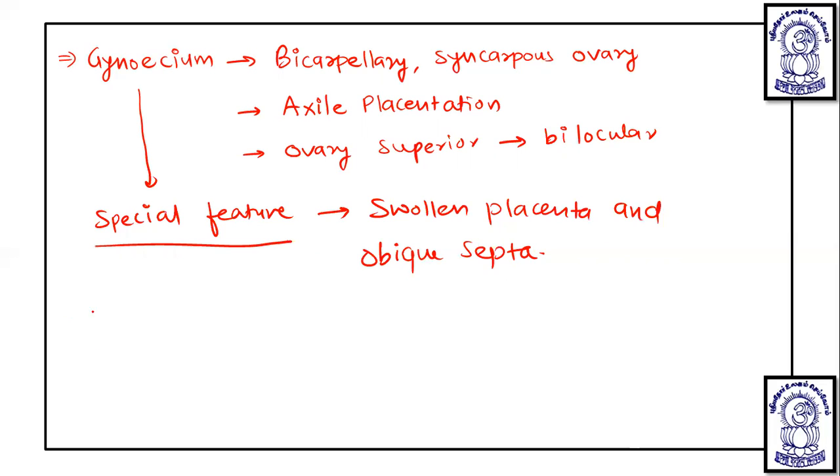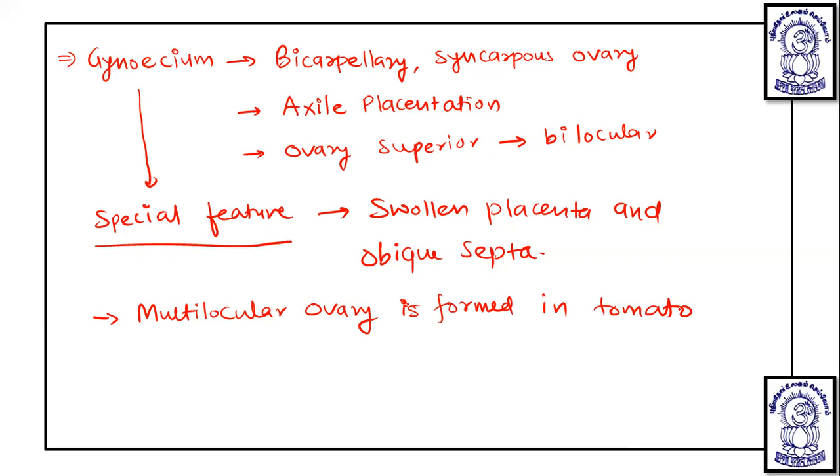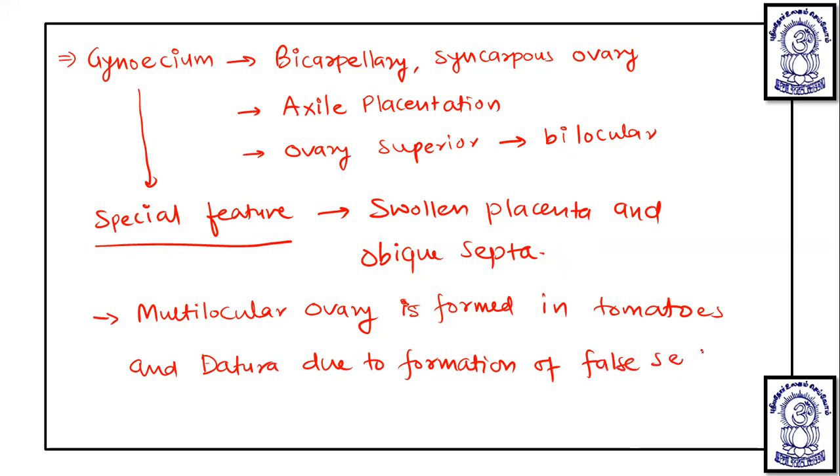A bilocular ovary can be there, but with that, a multilocular ovary is found in tomato and datura, due to formation of a false septum. So this is the particular type of gynoecium which is found.